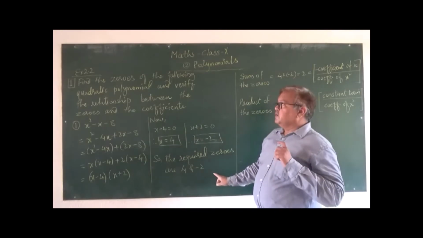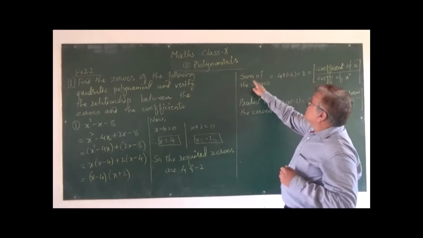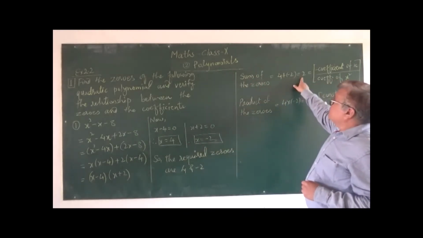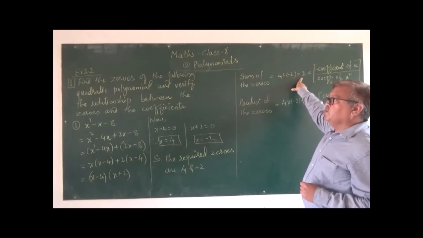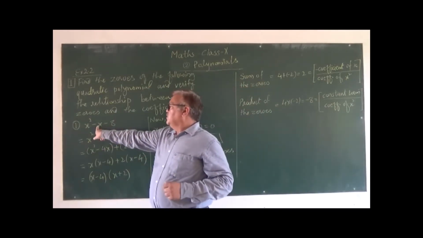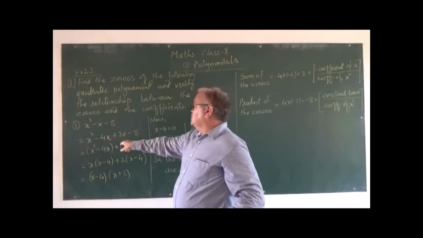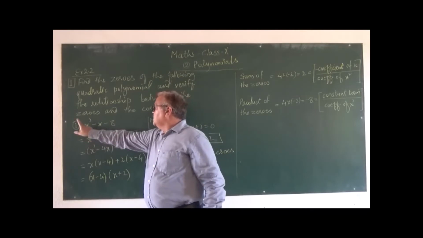Now we want to verify the relationship. Let us see the sum of the zeros. Sum of the zeros, 4 plus minus 2 is 2. And what is our theory? Alpha plus beta is minus b upon a. Minus b is minus the coefficient of x, and that is minus 1 here. And a is the coefficient of x square, and that is 1 here.